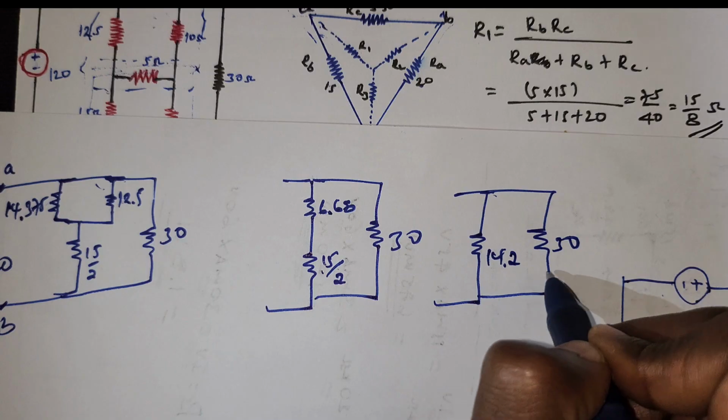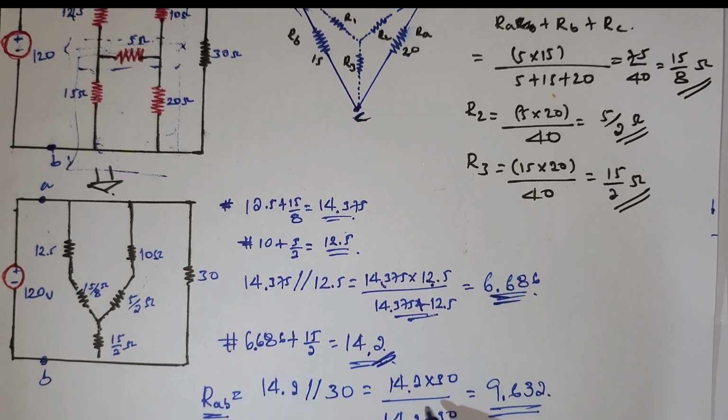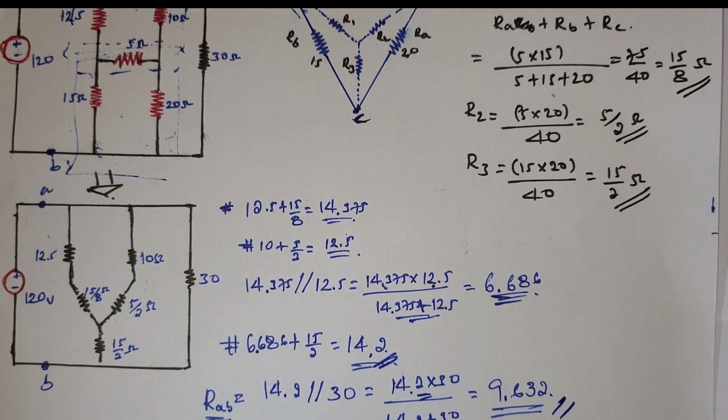The resultant for these two is the product of the two resistors divided by their sum, which is 9.632. RAB will be 9.632.